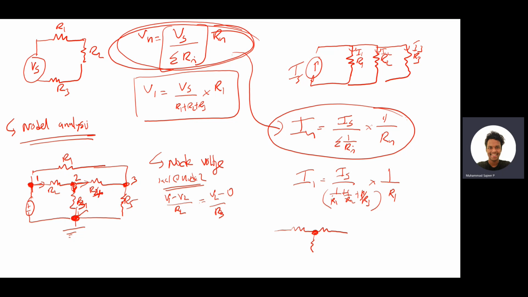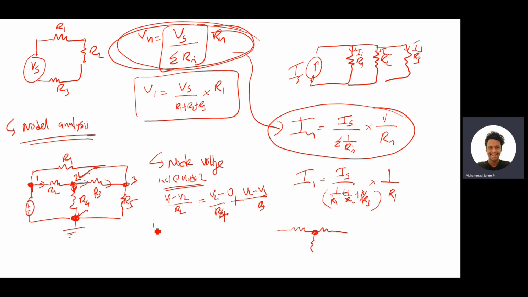Sorry, it's my mistake, R4. Plus, here the voltage is higher and current is flowing in this direction, right? So V2 is higher, so (V2 minus V3) by R3.